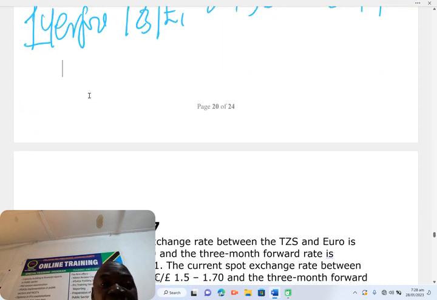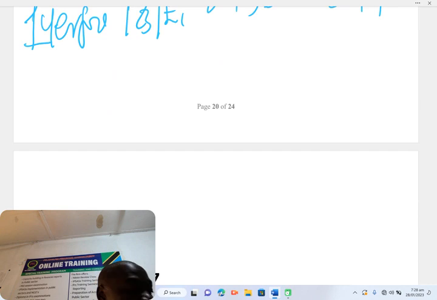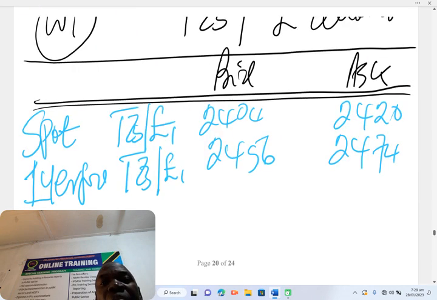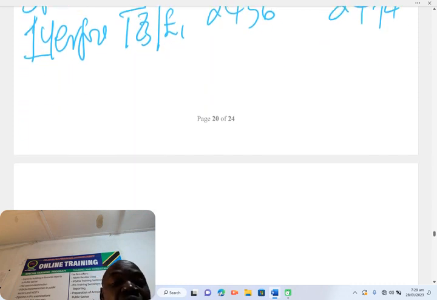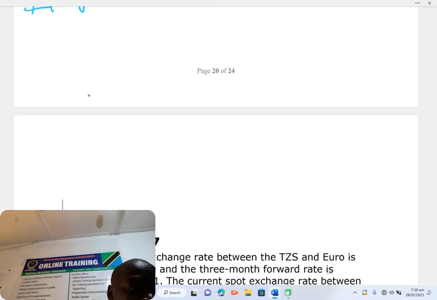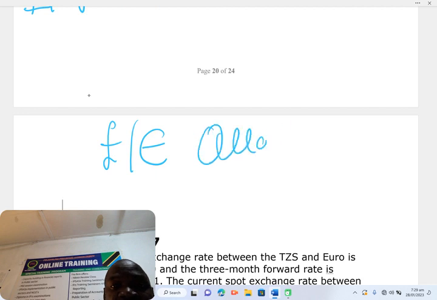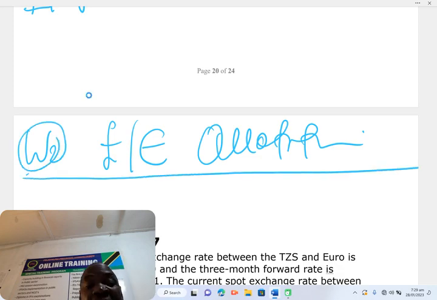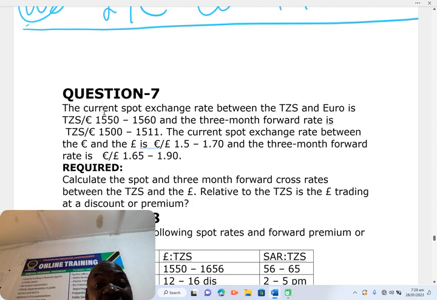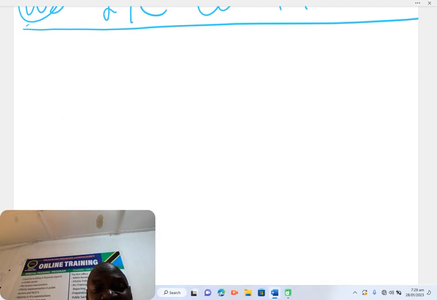Let's see working number 2, the second quotation. Quotation for pound against euro. You see, working 2. He did this purposely so that you can get confused in due course.